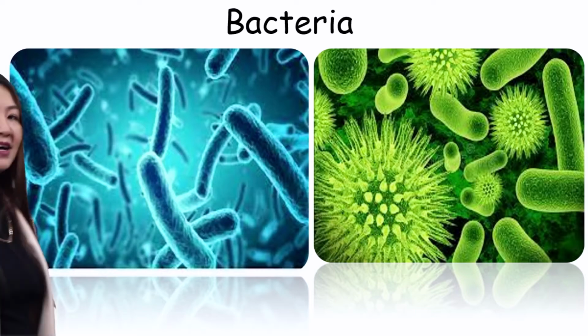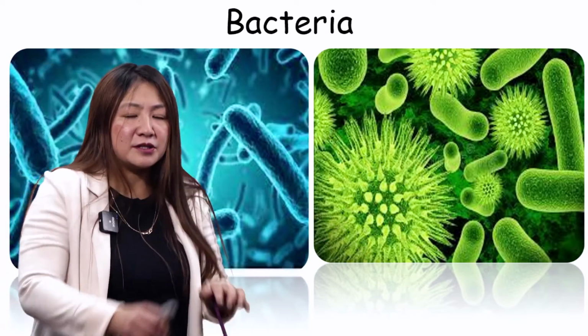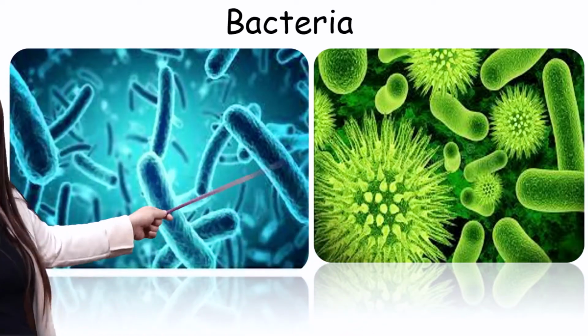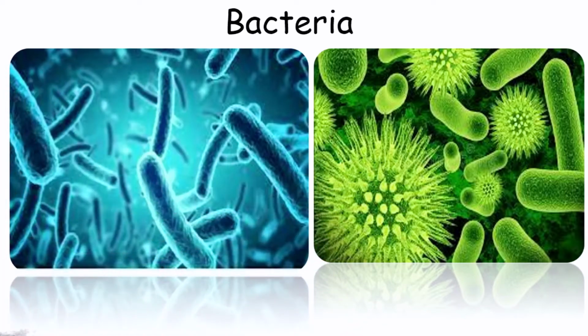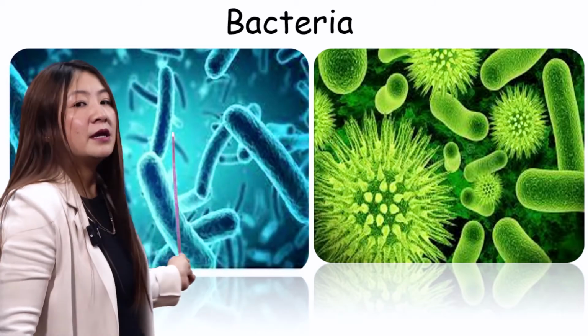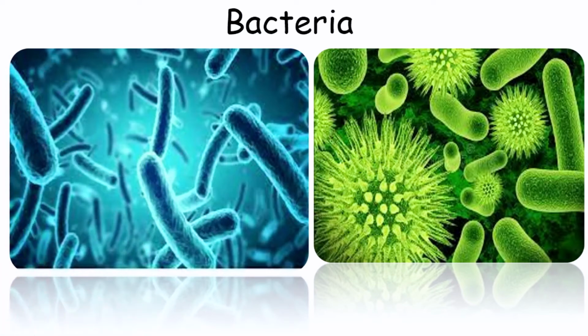So bacteria look like this. Bacteria are again of different types, but let us only have a look at the common bacteria. These are all real images under the microscope. Some bacteria are rod-like structures like this. You cannot see this with your eyes. These are all observed under very high definition, powerful microscopes.